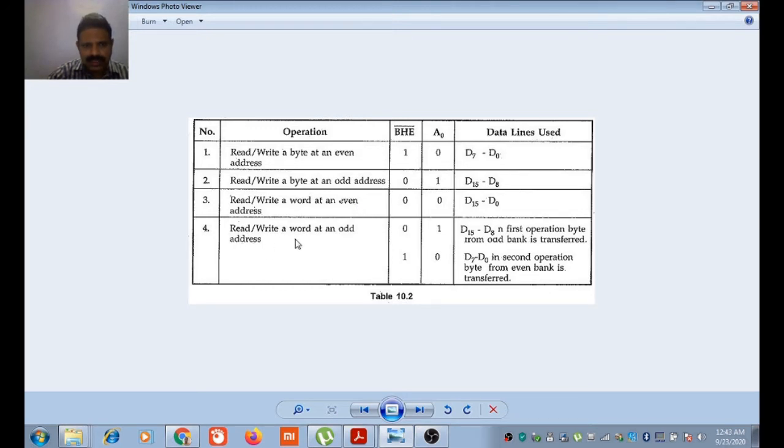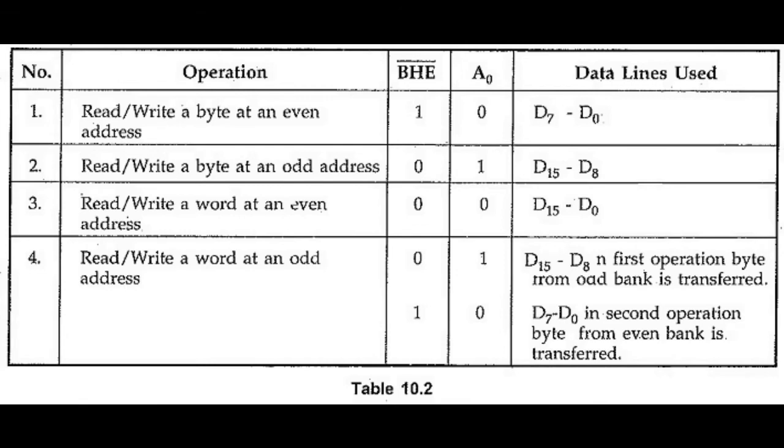To read or write a word starting at an odd address, first it has to put the odd address on the address lines. It will make A0 equal to 1 and the microprocessor will make BHE bar equal to 0. Then the odd bank will be activated and the data at the odd address location will appear on D8 to D15.